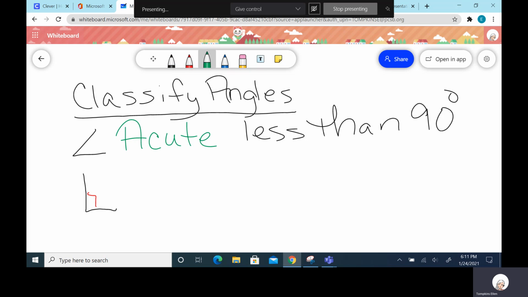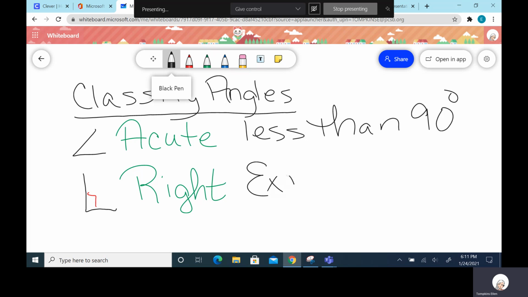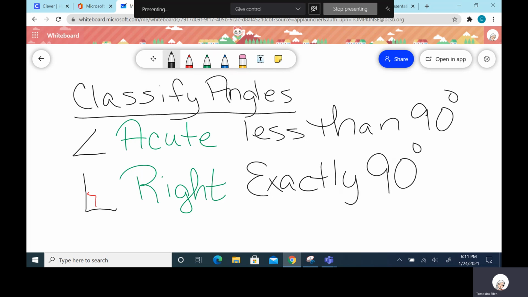The next one we have is a right angle. This one is exactly 90 degrees.